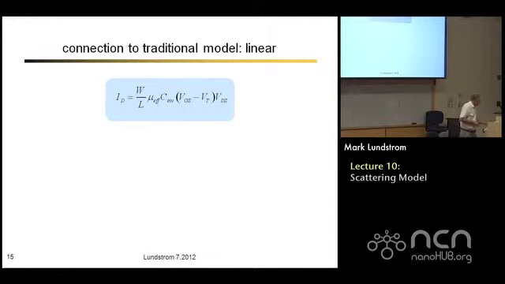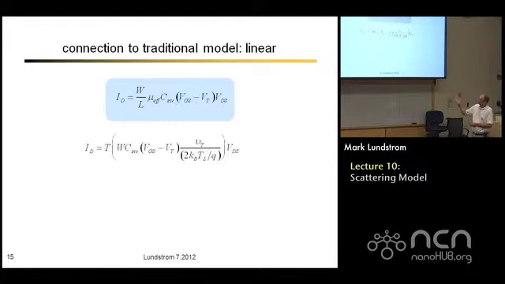Now what I want to do is to connect this back to the traditional model. We did that for the ballistic model, and then we can do it one more time for the scattering model. So this is our traditional expression. This is the expression that we have from the Landauer approach.